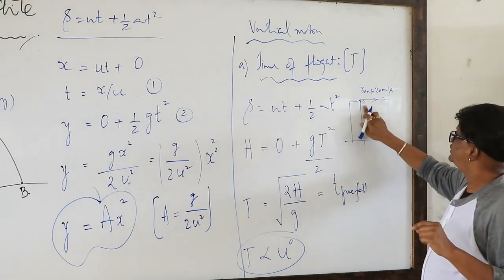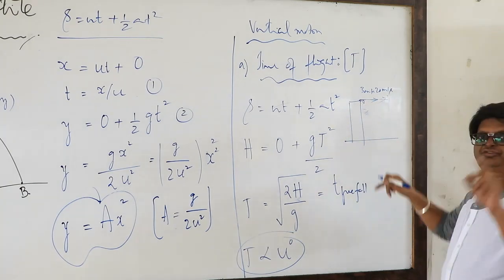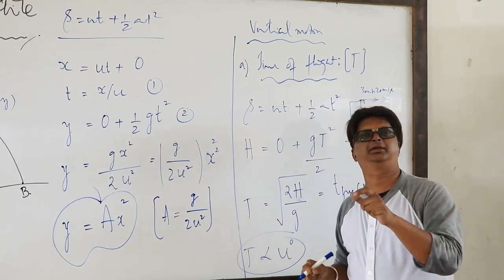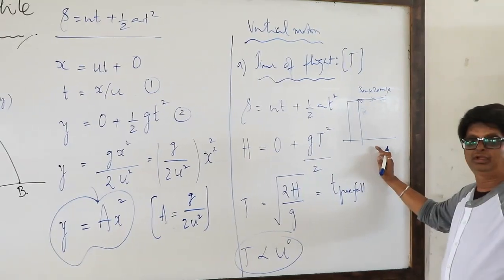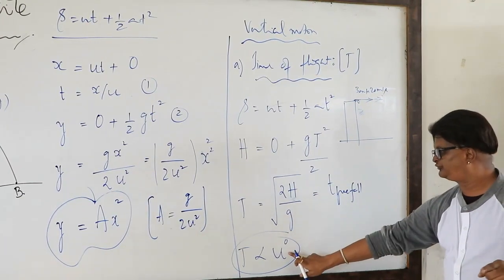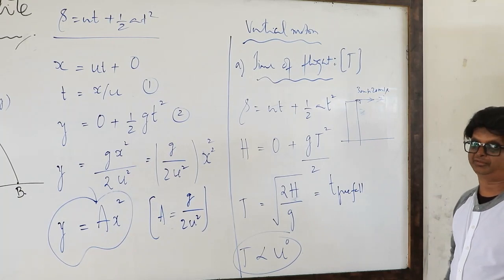What happens? All of them reach the ground at the same time. The point is that the time taken to reach the ground is the same. We have discussed that it is independent of velocity of throw.